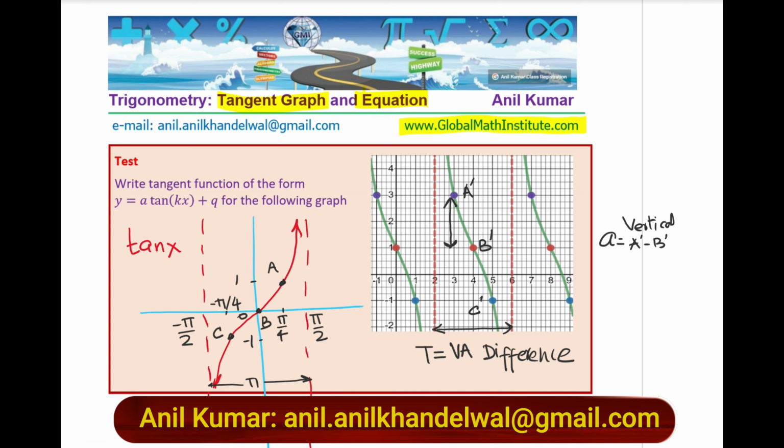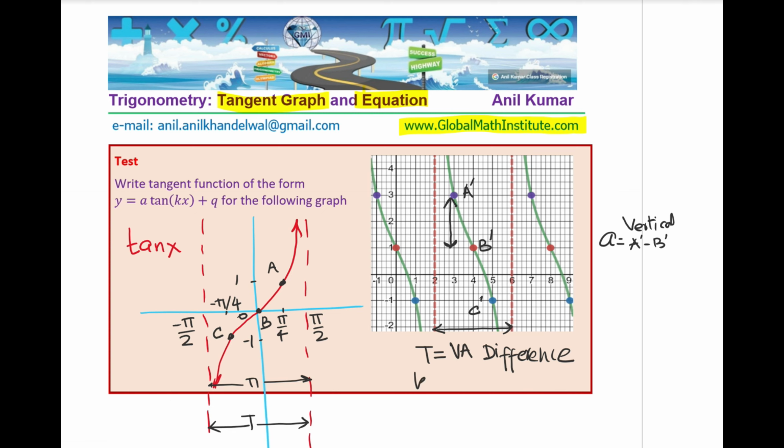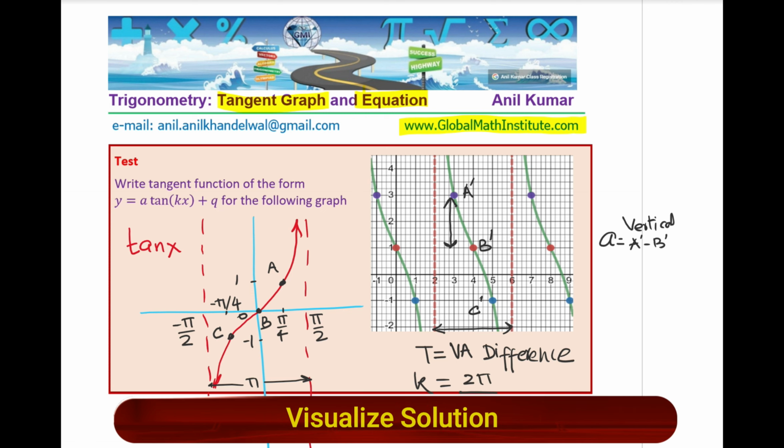So we get the time period, and from the time period we can find the value of k as 2 pi by T. So I hope that concept is clear. And the q value, as we discussed earlier, is the vertical shift for B, which we call B dash. So that is the q value.